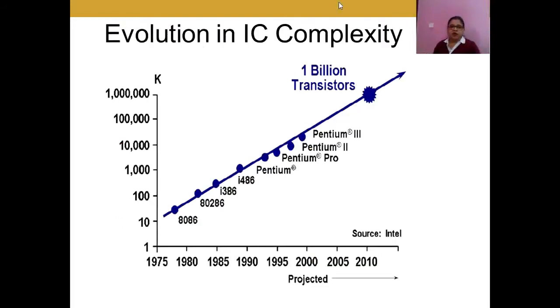Now this is the evolution in the IC complexity as we move from the early stage of IC fabrication and now come to 2020. This is how the complexity increases. Earlier we started with 10 transistors, and now we are coming to 10 lakh or even more, and slowly we are getting more precise, more complex processors with very high speed, and a number of features implemented into them.